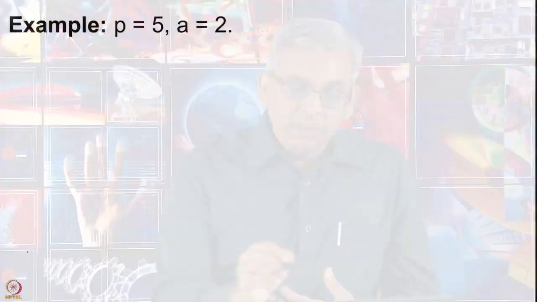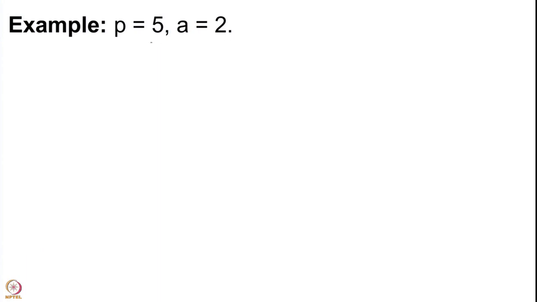So, what we now intend to do is to do this as an example for this very particular case. p is 5, a is 2. So, 2 in U_5 is a primitive root, or what is also called a primitive element.